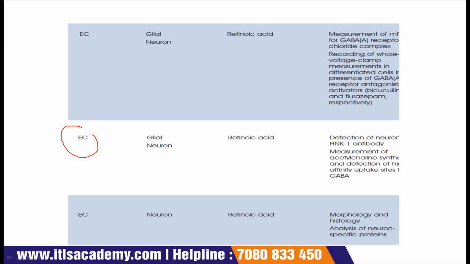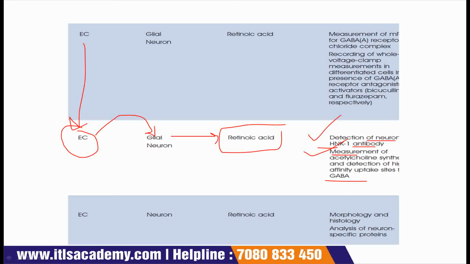Next, the cell is again the same cell, but this time it will differentiate into neurons. The condition is also the same, that is retinoic acid, but the method of characterization used here is detection of neuron HNK1 antibody, measurement of acetylcholine synthase and detection of high affinity uptake sites of GABA.